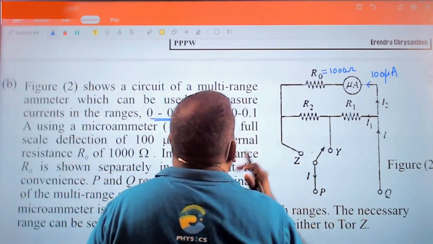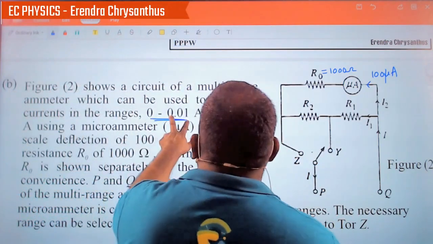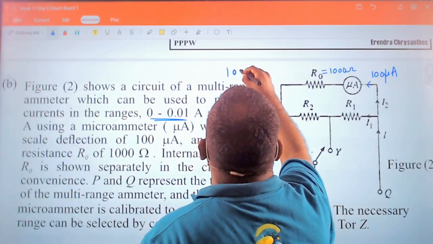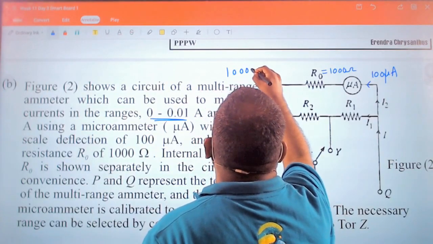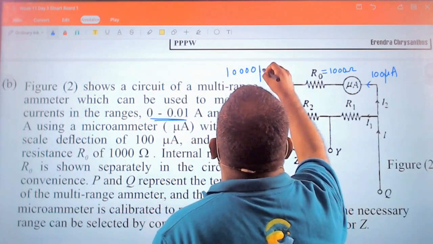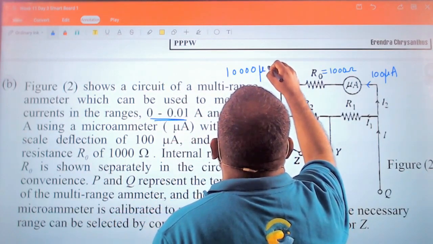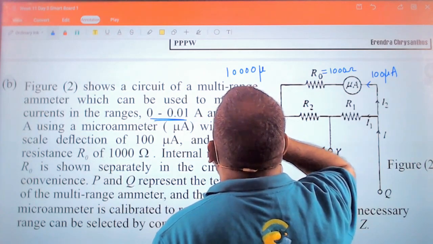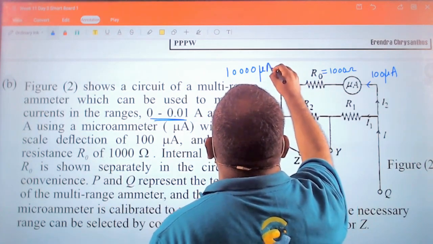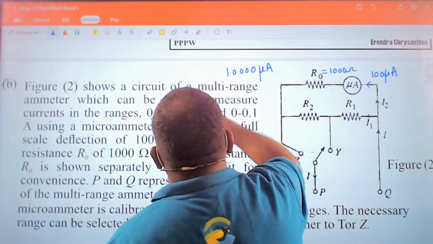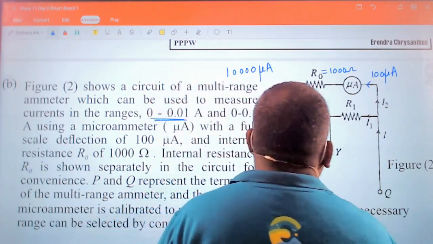So here you have 1, 2, 3, 4, 5, 6, 10,000 microamperes. 1, 2, 3, 4, 5, 6 here, 10,000 microamperes.